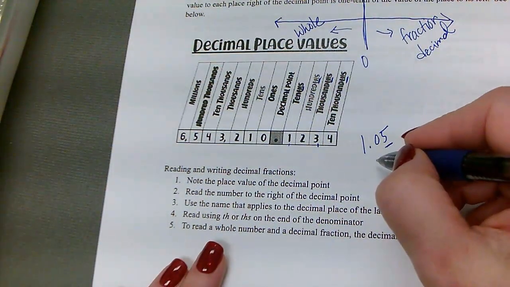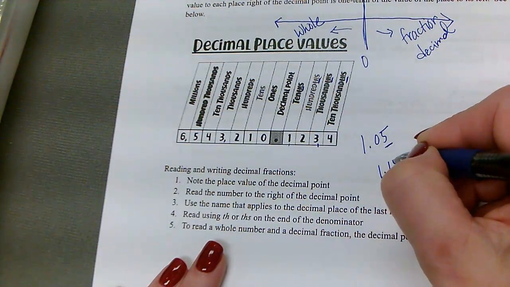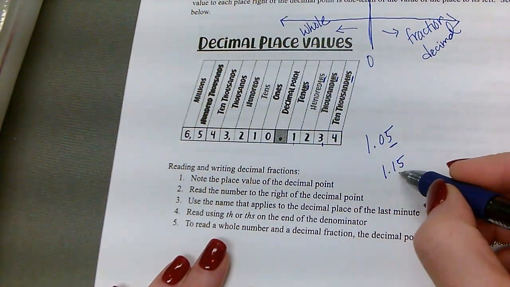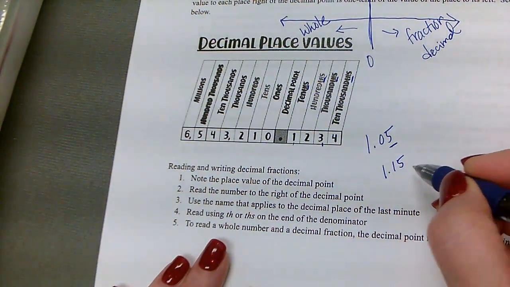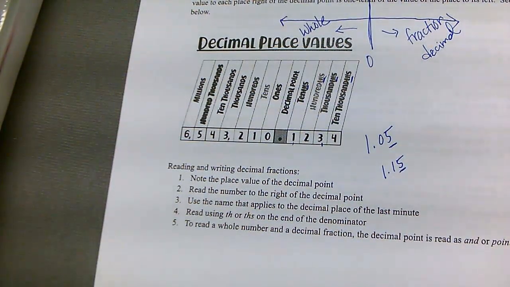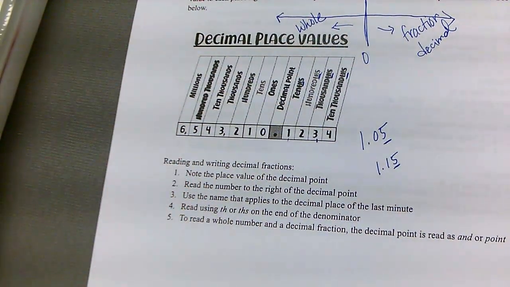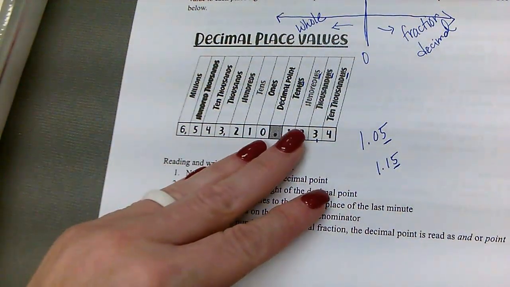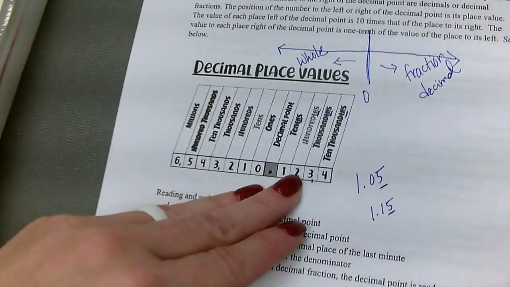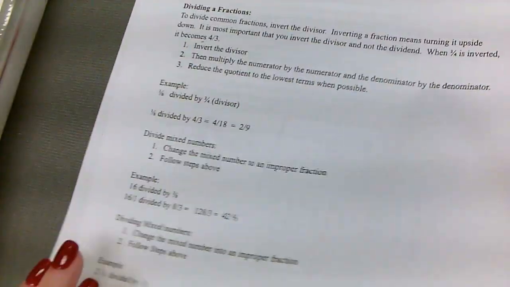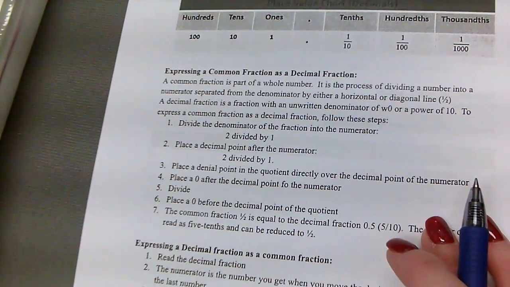So if I had 1.15, this would be 1 and 15/100ths because I'm going out to the hundredths place. So it's how you refer to or read that decimal. You can pause it if you'd like and read through each one of these statements, but I'm not going to go through them individually. So let's take a look at decimals a little bit closer.